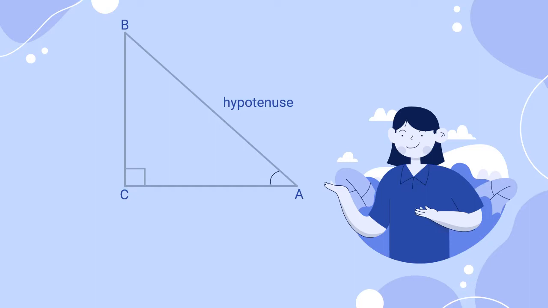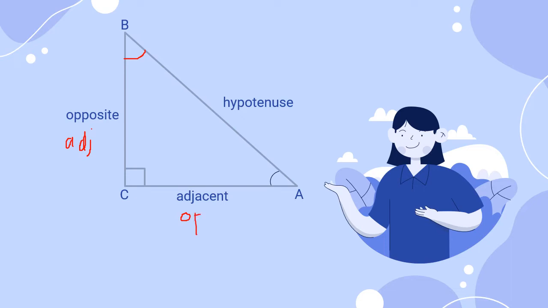Then, for example, we put an angle here, or angle A. So, we have the adjacent and the opposite angle. But if we use angle B, this one is the adjacent, and this one is the opposite side.